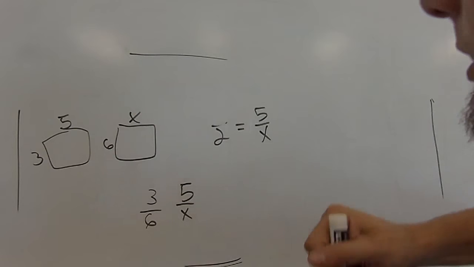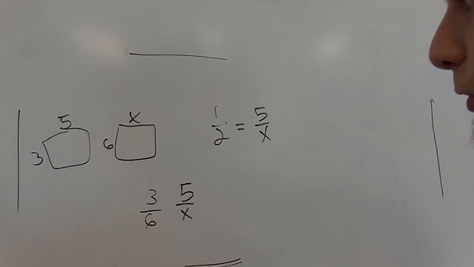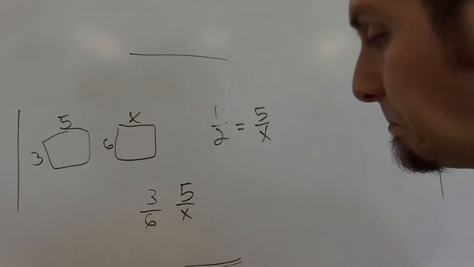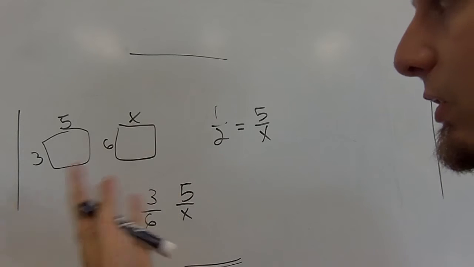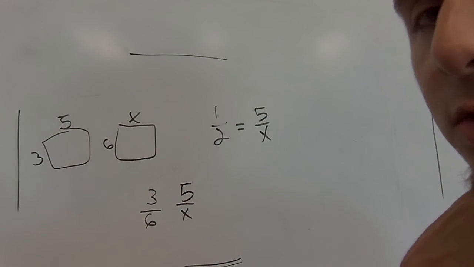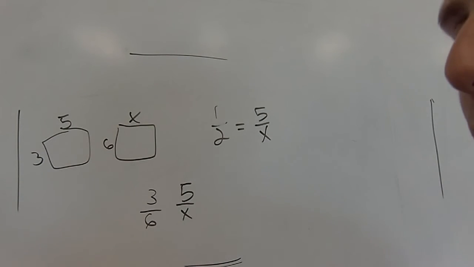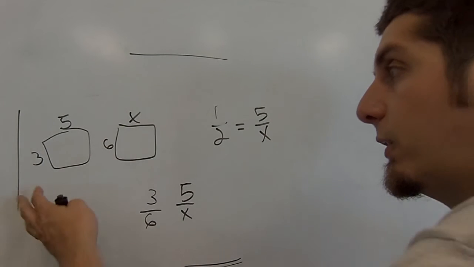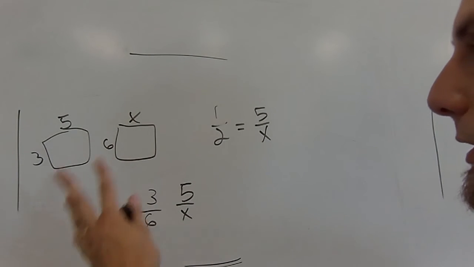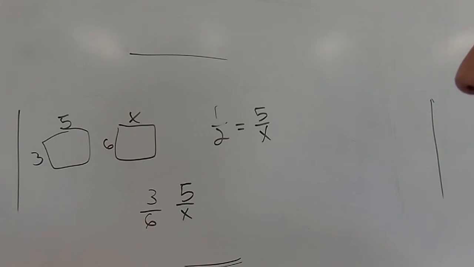Sometimes, like in this instance, it's just a matter of cross-multiplying. Sometimes you'll have to cross-multiply and then solve a one-step equation for x. Again, this is no different process than what you would do with 3D figures. It's just, for some people, it may be a little bit more difficult to figure out which sides are corresponding on the 3D figures. On the 2D figures, there's not as many sides to toy around with. With the 3D figures, some people may get confused, and if you need help with that, please let me know.